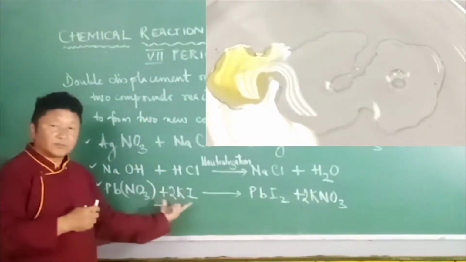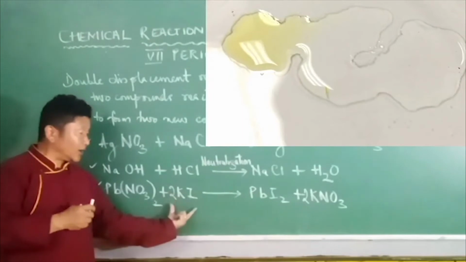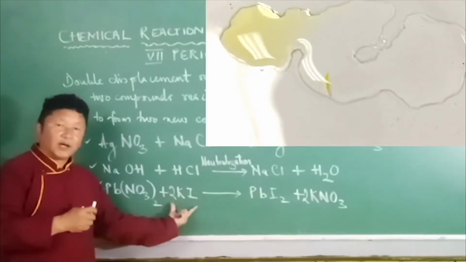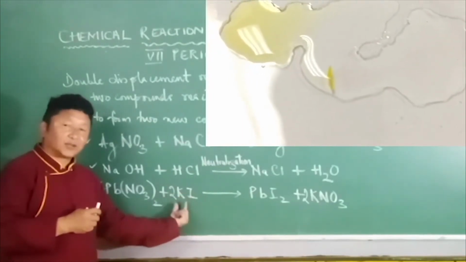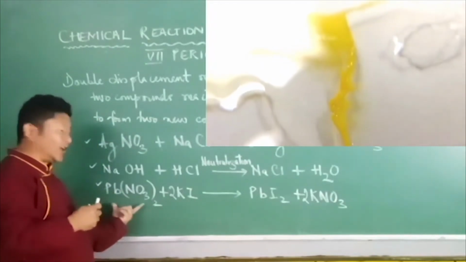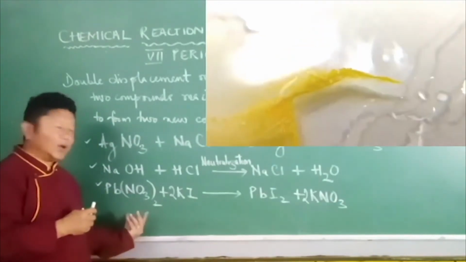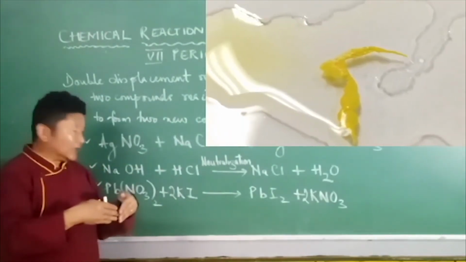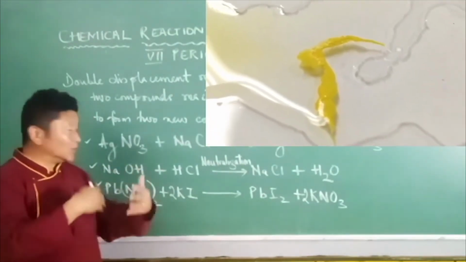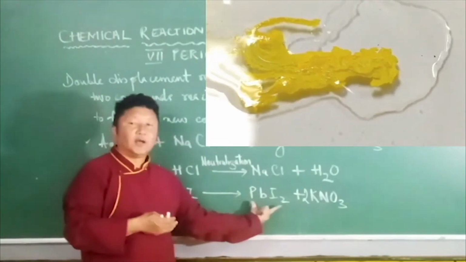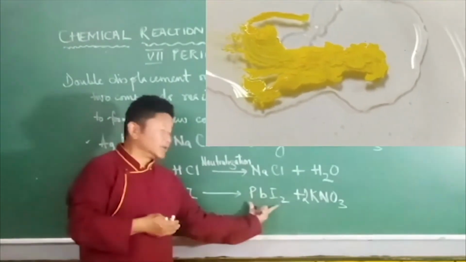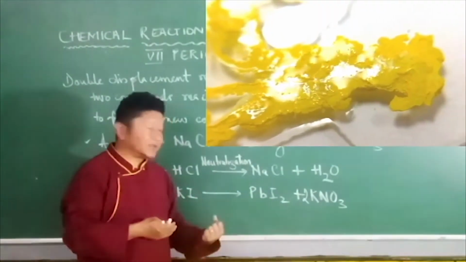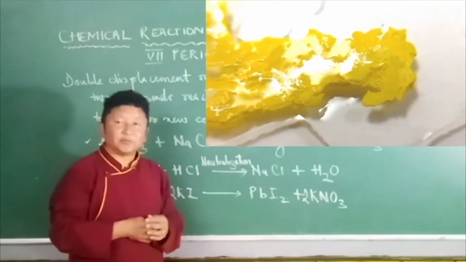Potassium iodide is a colorless liquid, and lead nitrate is a colorless liquid. When these two colorless liquids react, they are converted into a beautiful yellow precipitate of lead iodide and potassium nitrate.